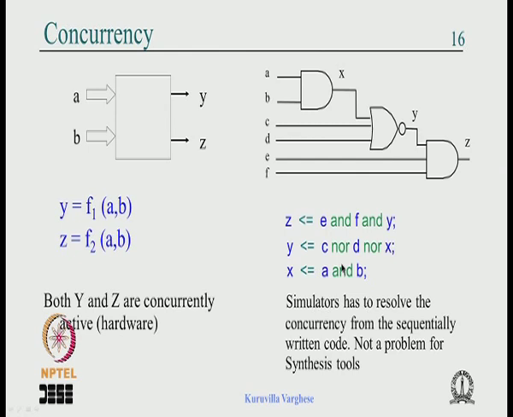But synthesis has absolutely no problem. Whichever way you write, it doesn't matter, because if you are trying to generate this circuit from this code, it doesn't matter whether Z is written first or Y or X, in any particular order, because X is A and B, and Y is C NOR D NOR X. So the moment X is there, you just put this, and when it comes to Y, you get C NOR D NOR X. So that is formed.